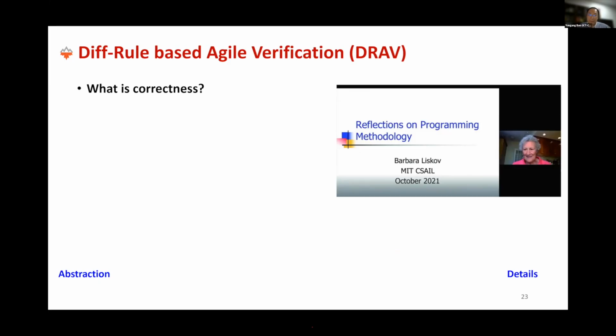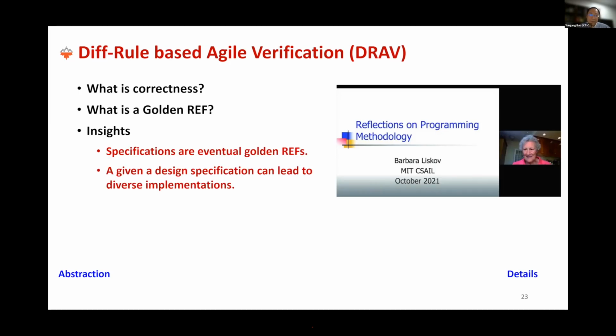We can think about what correctness is and what the golden reference model is. Our insight is that the specification is eventually the golden reference model. Once the design matches a specific specification, then we can say the design is correct.